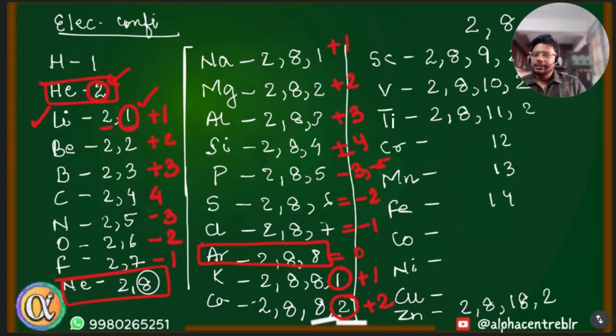A noble gas with an electronic configuration of just 2? Helium. Valency for nitrogen? -3. Number of shells in potassium? 4 shells: 2, 8, 8 and 1. The fourth shell has 1. Clear? Okay.